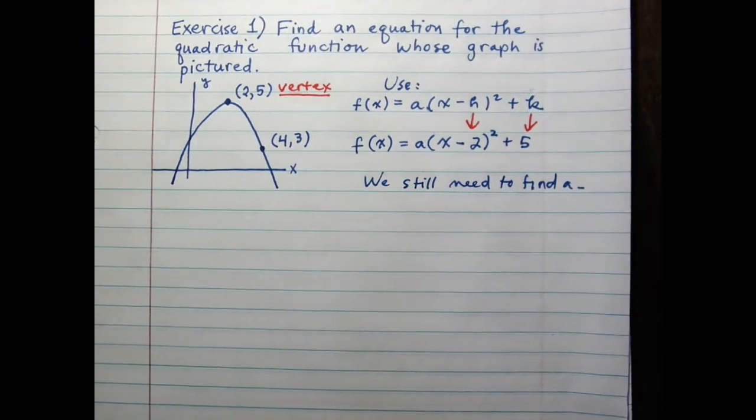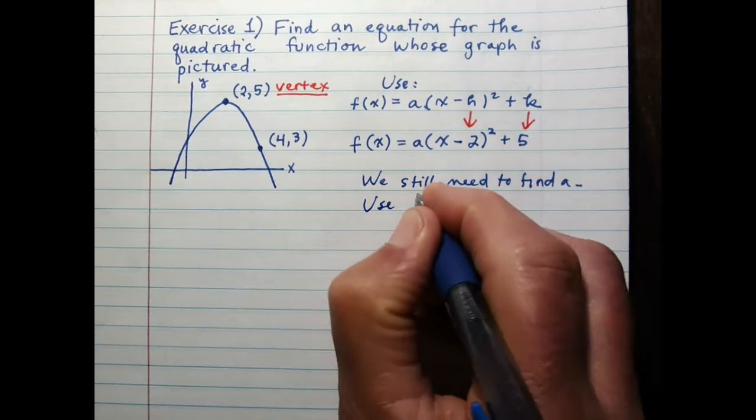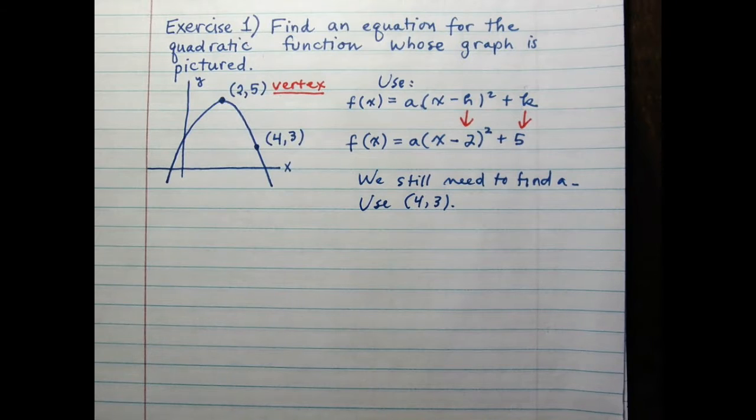And we can get a value for a using the coordinates of the other point. We're going to use (4, 3) to help us find a.